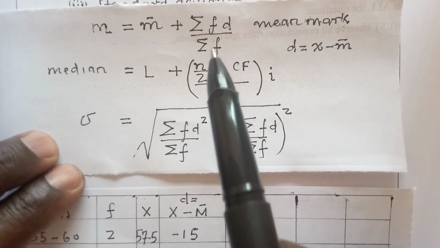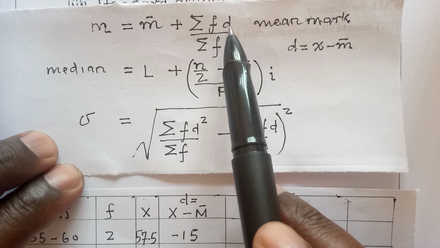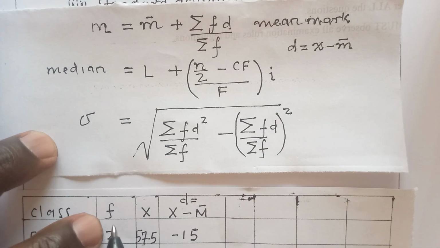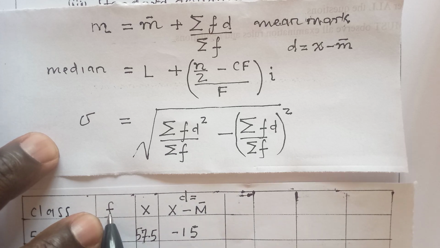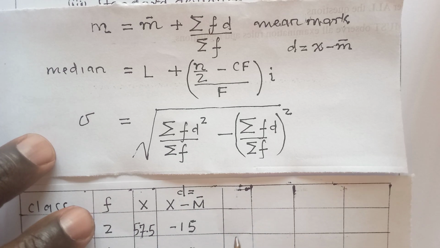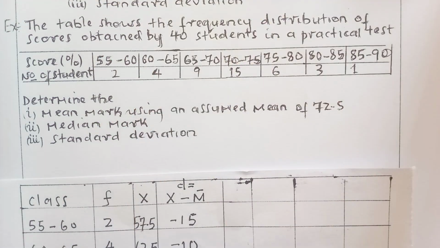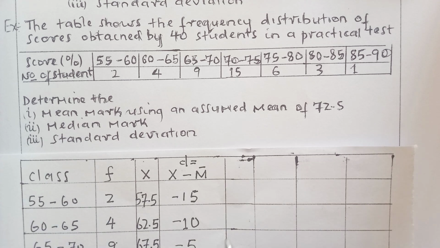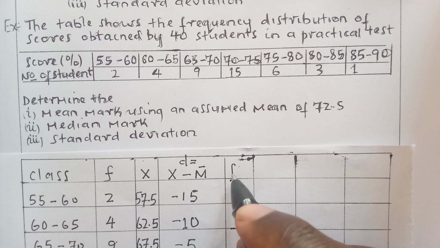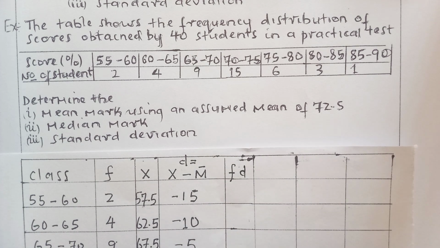Here we have FD. FD is frequency multiplied by D. And so we are going to multiply F and D. So let's multiply and see how it is going to be. We are going to have 2 times negative 15. So let's write here FD like that.